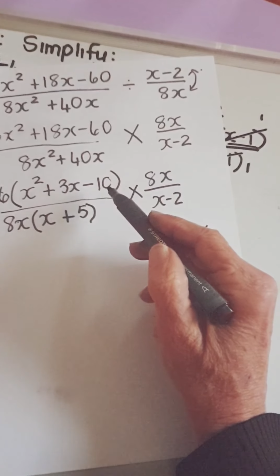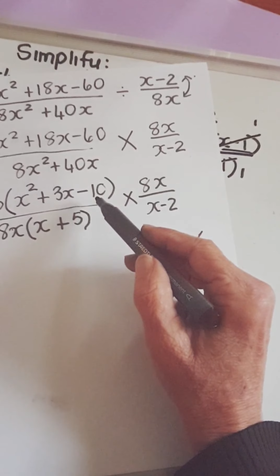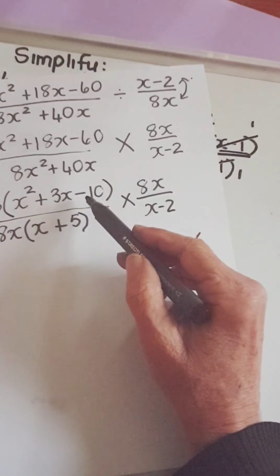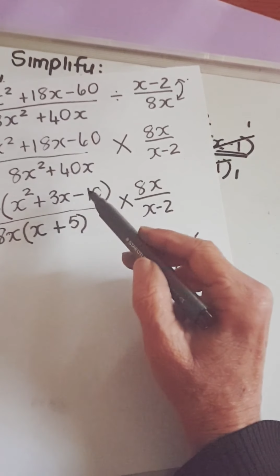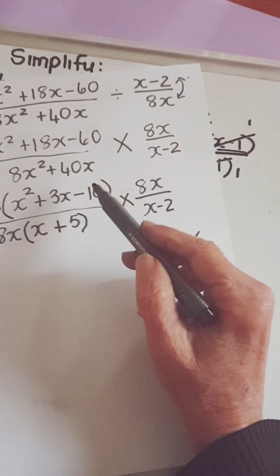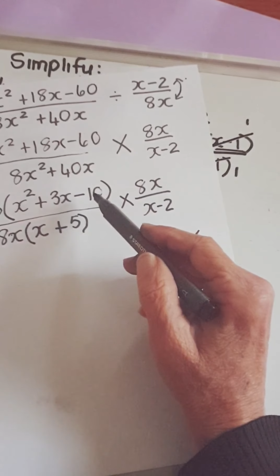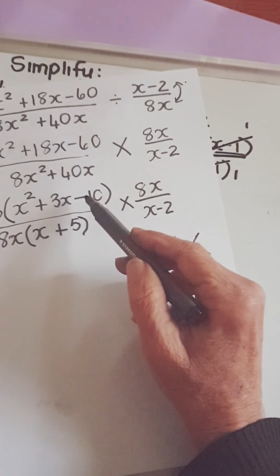And I'm going to look at the last term. Factors of 10, if I multiply, I must get a negative. But if I add, I must get a plus 3. So factors of 10, 1 and 10 is not going to work. But if I look at 2 times 5, the difference between 2 and 5 is 3. So I can use them.